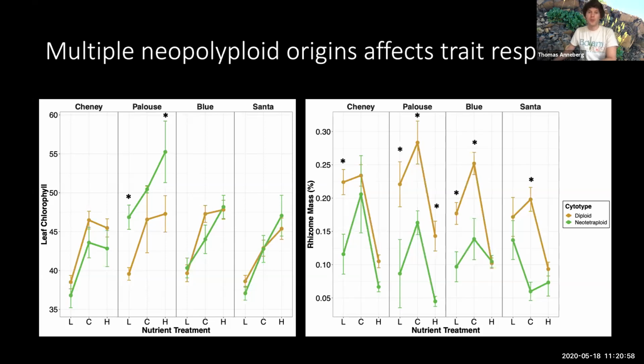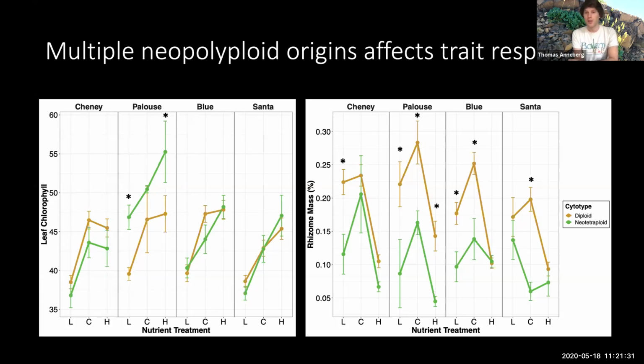And similarly with rhizome allocations, this is the percent of rhizome mass that comprises the total biomass of the plant. There's a little bit of nuanced differences going on there, primarily driven by the control and high resource supply levels. So you can see with Cheney, Washington, the only real difference between neotetraploids and their diploid parents was at the low resource supply. But as we increase the resource supply to those plants from Cheney, there was no difference in allocation strategy with rhizome storage.